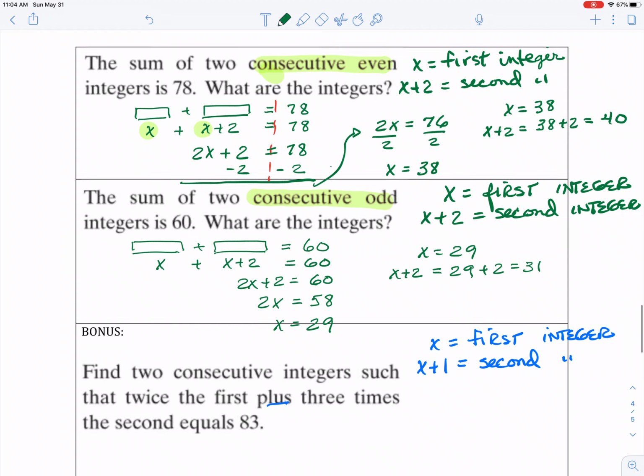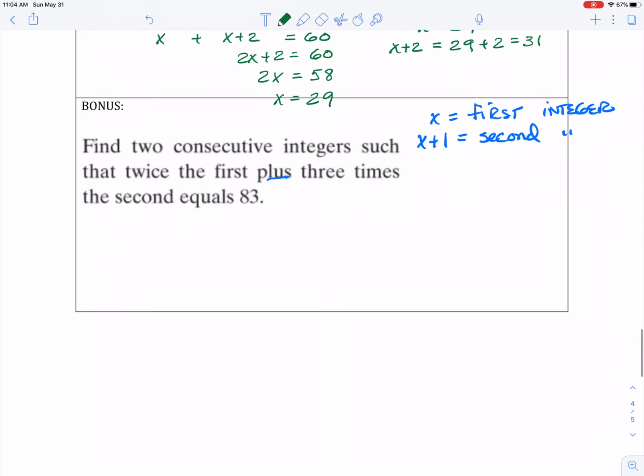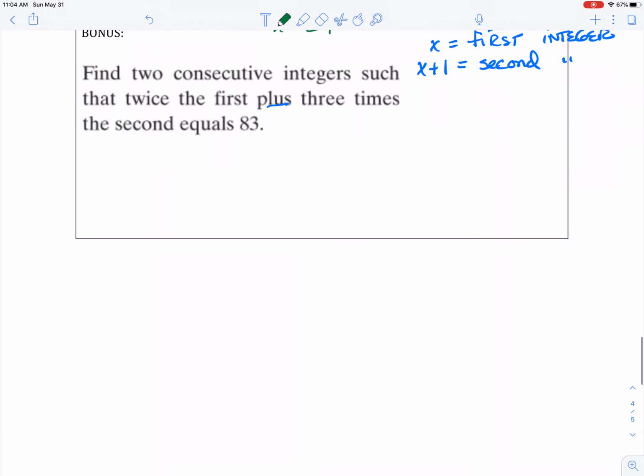All right, so quickly moving on, I wanted to show you this last one. Find two consecutive integers, and notice we're back to consecutive this time.